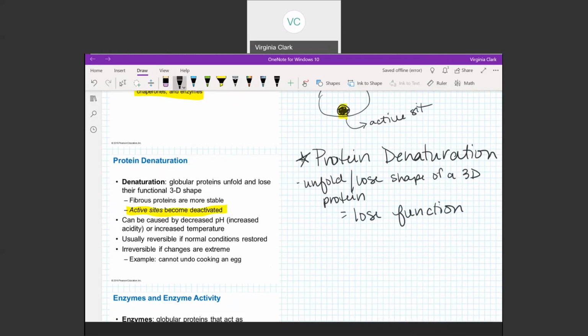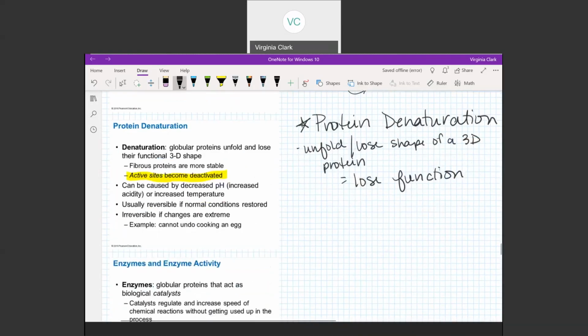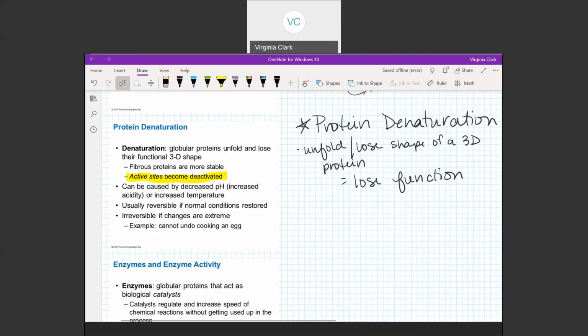How you can denature a protein so much so that you unfold it and it loses its shape, you can do this by increasing the temperature, or you can do this by decreasing the pH, which is also increasing acidity.